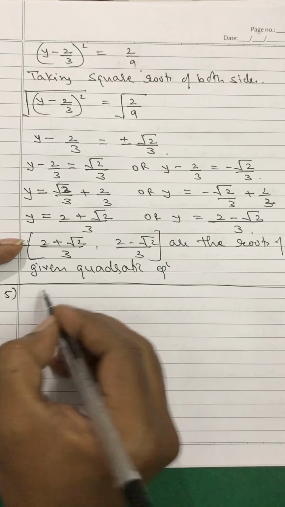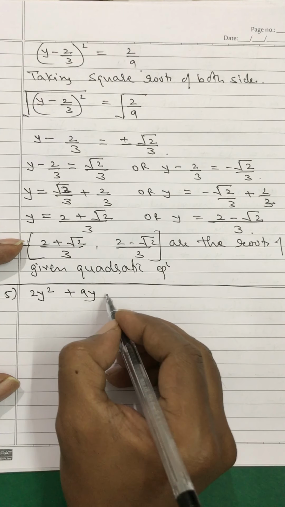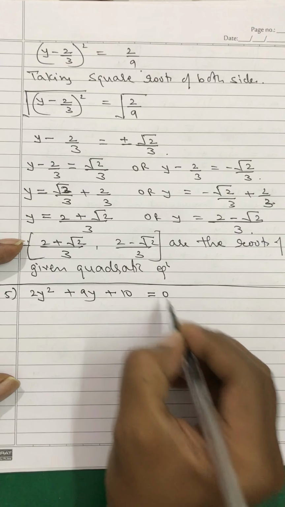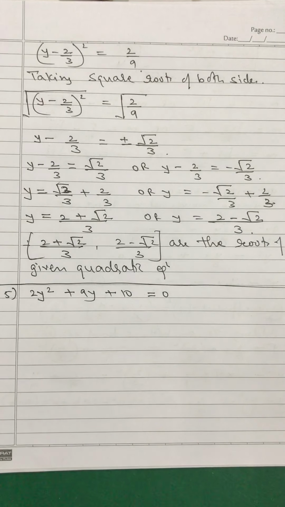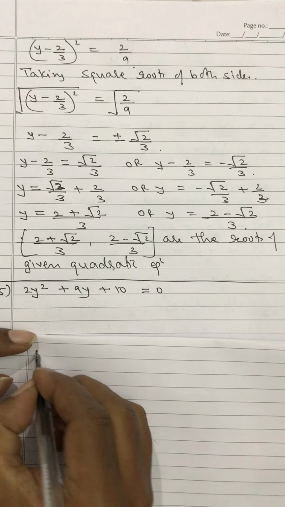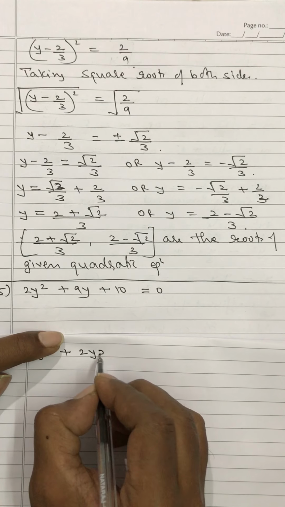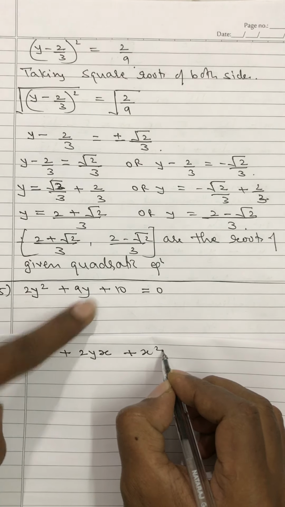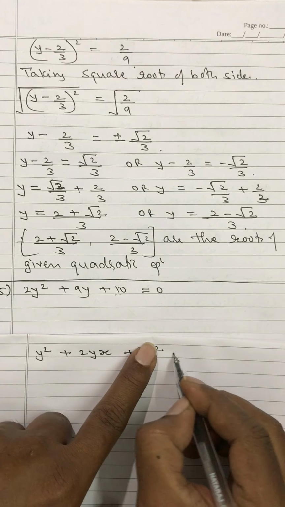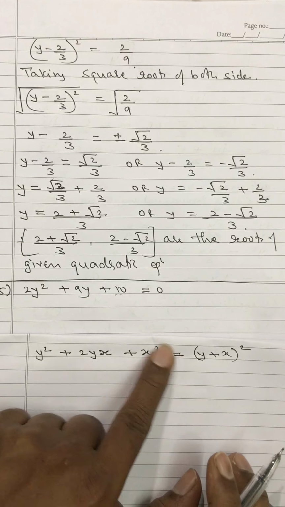Fifth question is telling us 2y square plus 9y plus 10 is equal to 0. So this can be changed to the form of y square plus 2y x plus x square, right? This is your x square, that is equal to, which will be changing to y plus x the whole square.